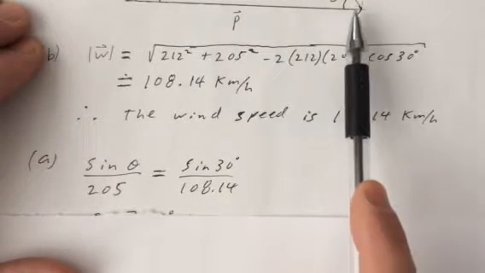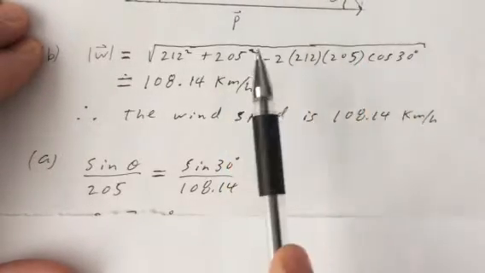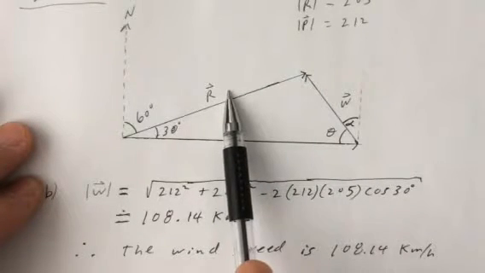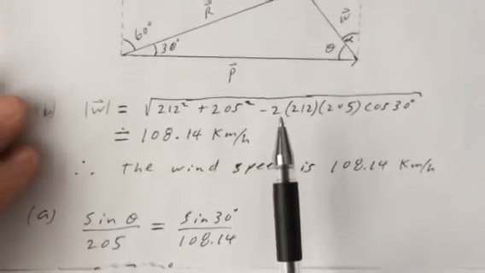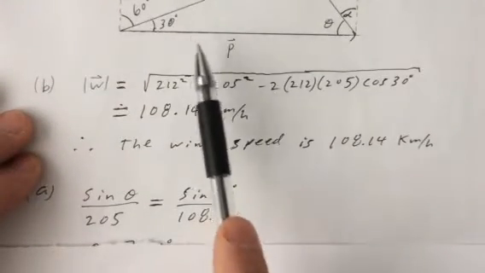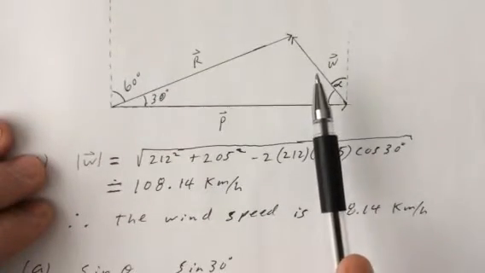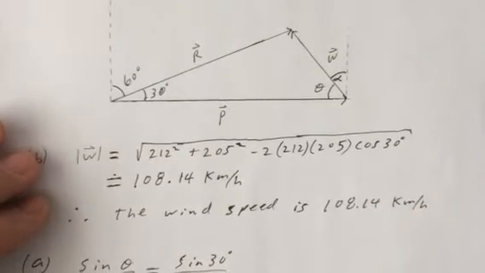Okay, so sine theta over 205, where theta is there and 205 is the magnitude of the resultant, equals sine 30 over the magnitude of the wind, which we just found out is 108.14.